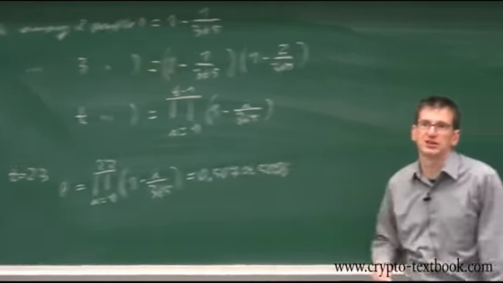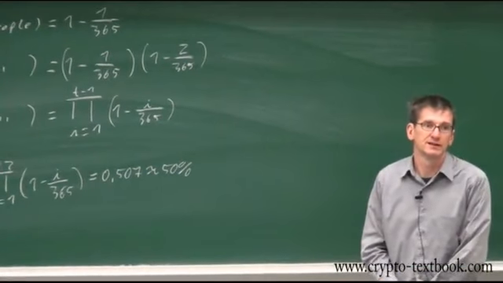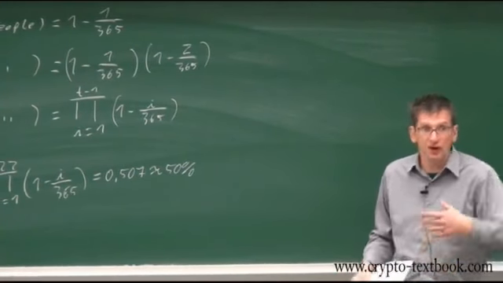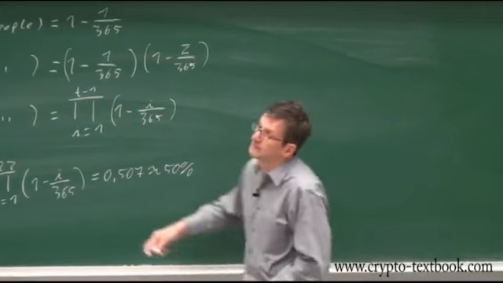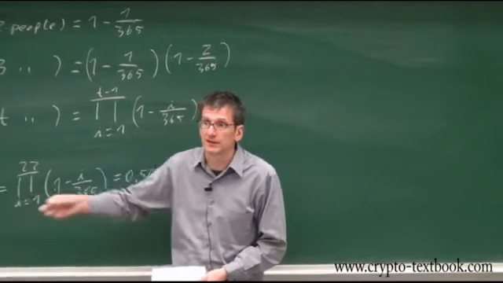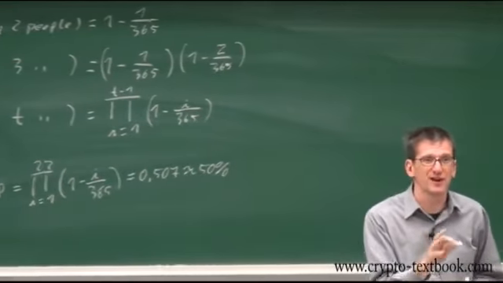We have a 50% chance of this happening. And that's the birthday paradox. This is not 365 anymore, it's 22. And if you do the math, this is roughly the square root.